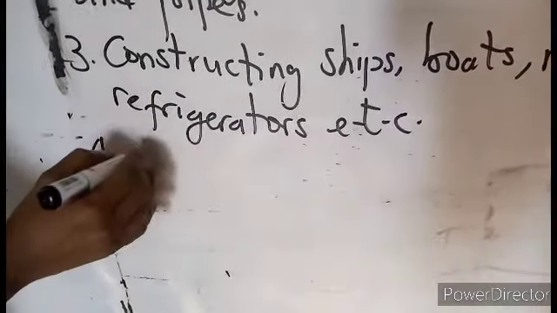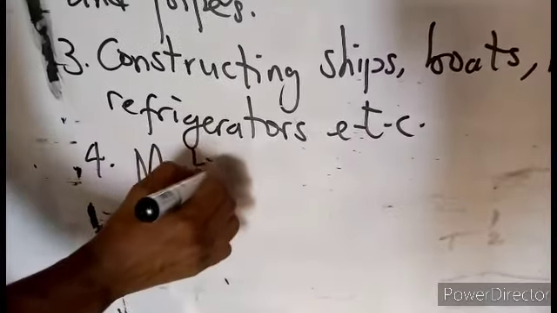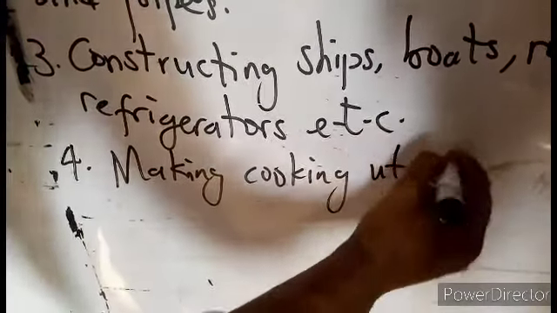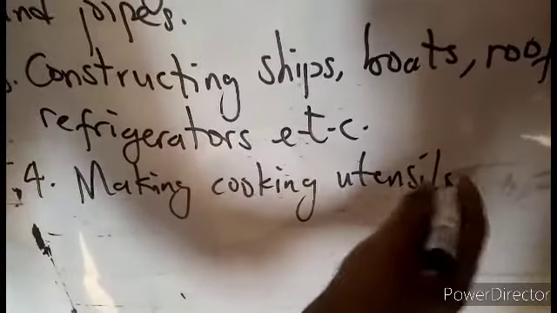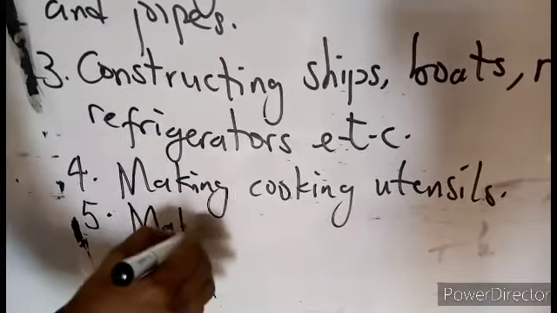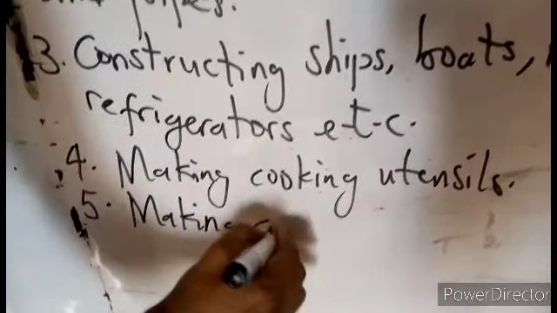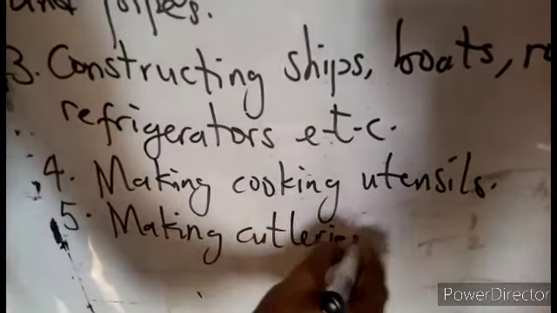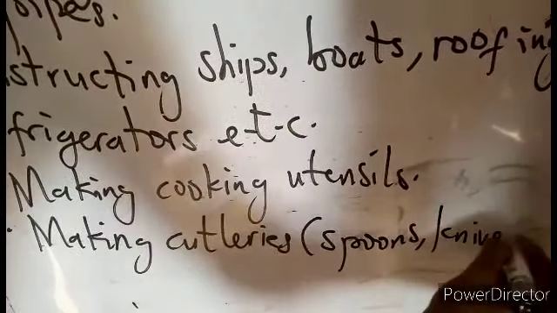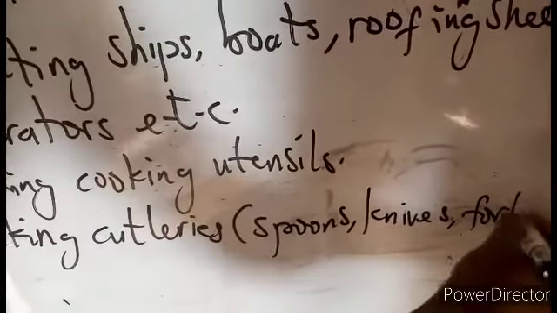Metals. We can also use metal for making cooking utensils. Utensils like your pot, your frying pan, your spoon, among others. Metal can be used for making what? For making cutleries. When I say cutleries, I mean your spoons, the knives, forks, and so on.